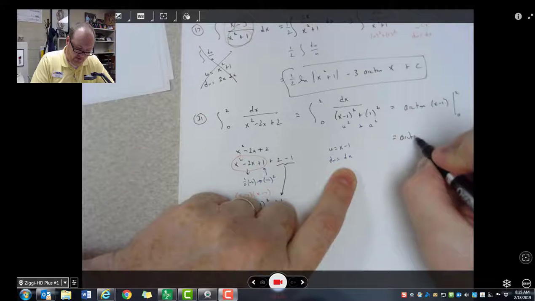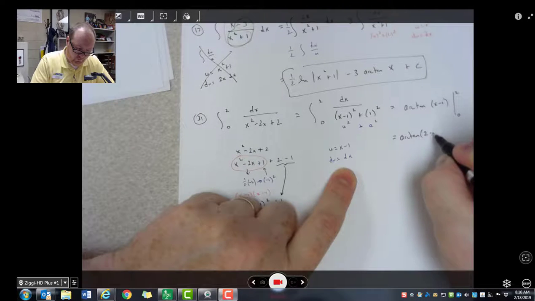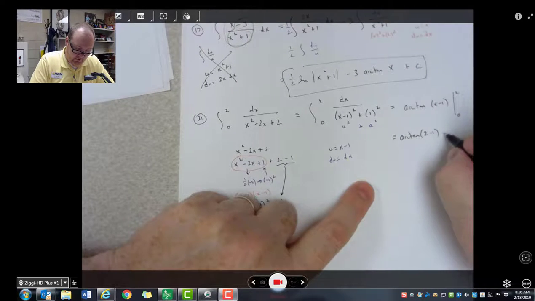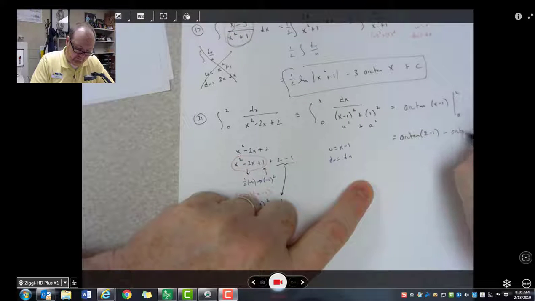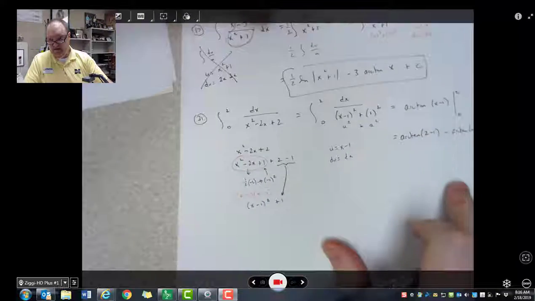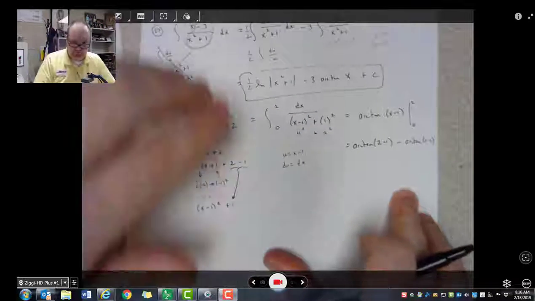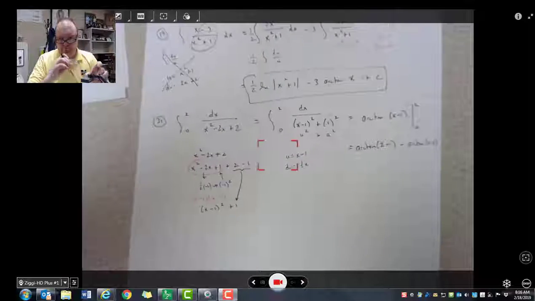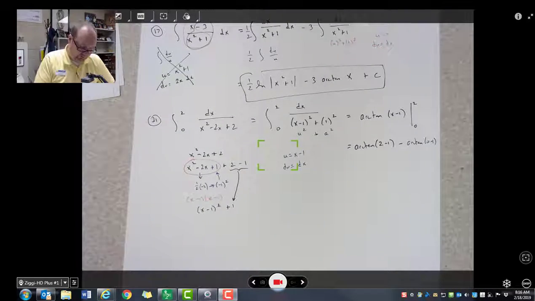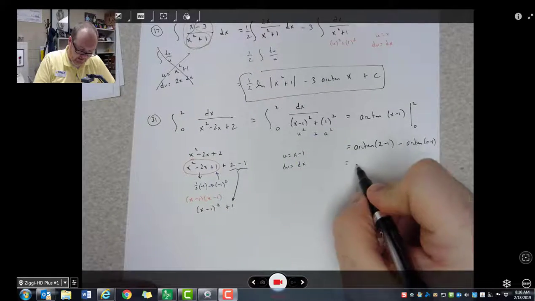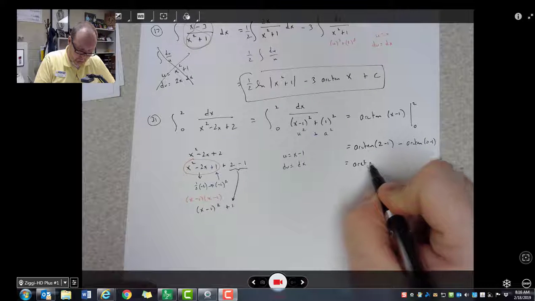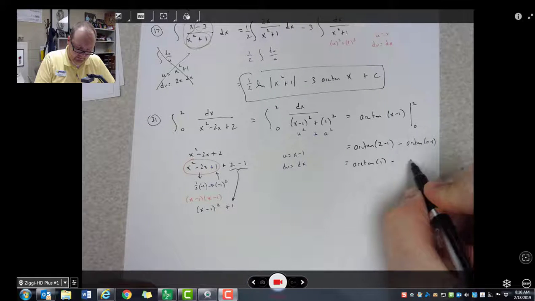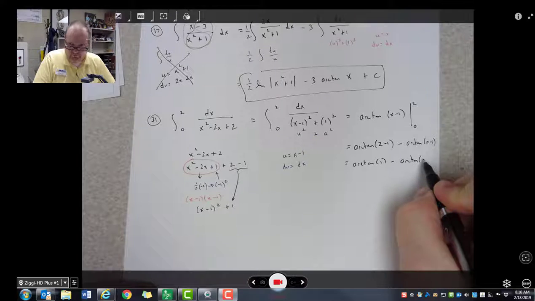So that becomes the arctangent of 2 minus 1 minus the arctangent of 0 minus 1. Move my camera over. Sorry, I'm off the page. Which becomes the arctan of 1 minus the arctan of negative 1.